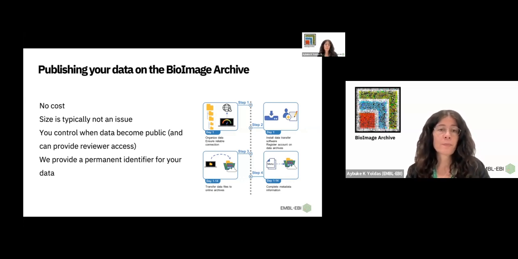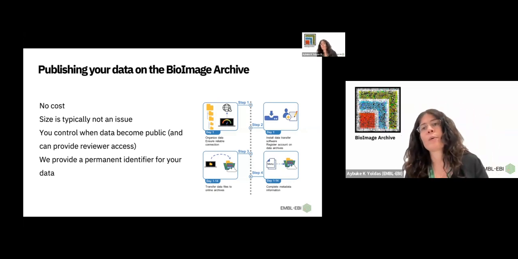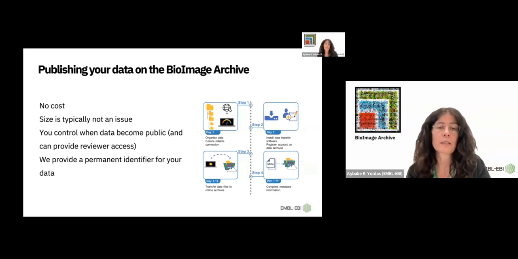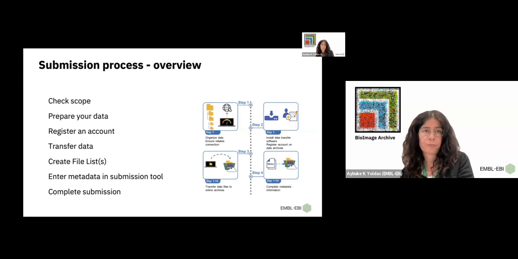We do accept that. You can control when the data becomes public, but we also provide reviewer access before the data becomes public. So you can share it with the reviewer of your publication or your colleagues. And then, as I said, we provide a permanent identifier as well as a DOI.